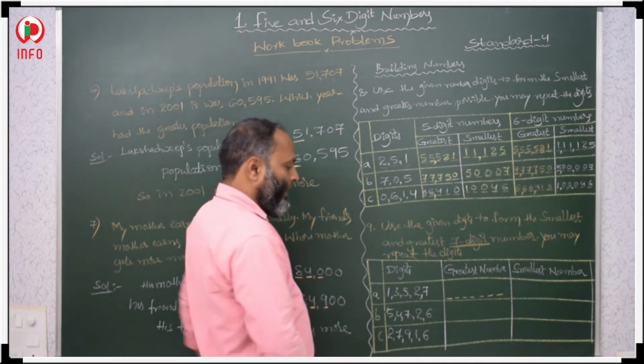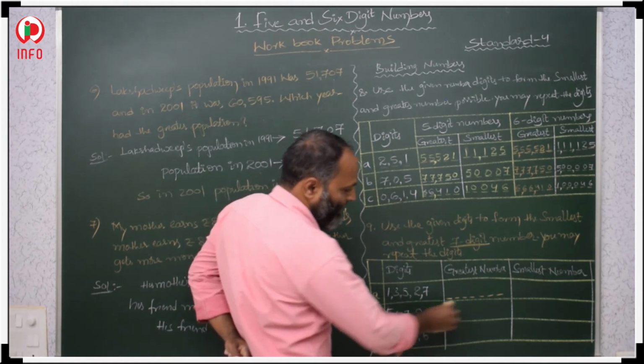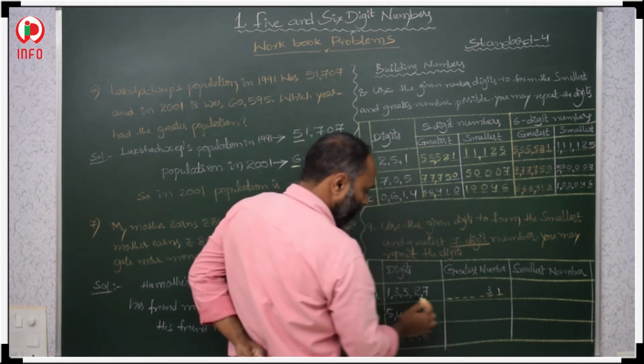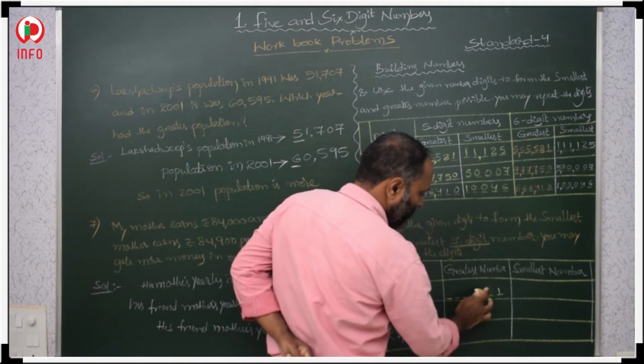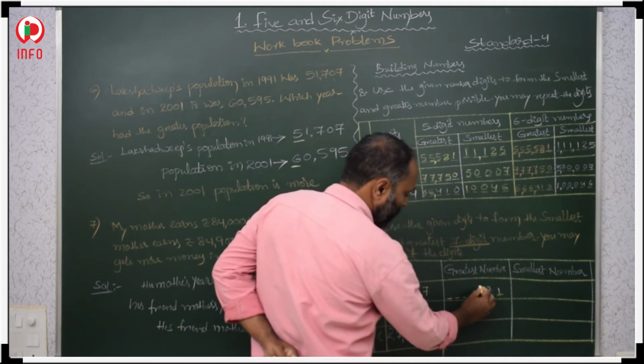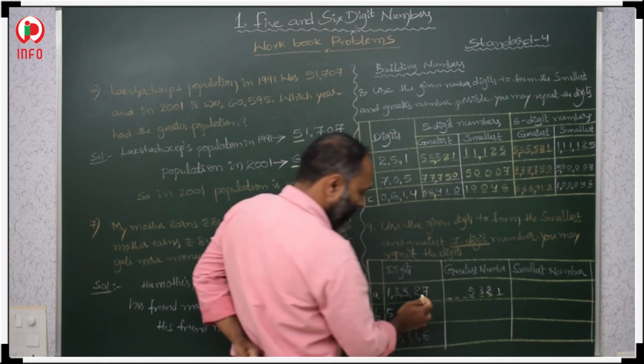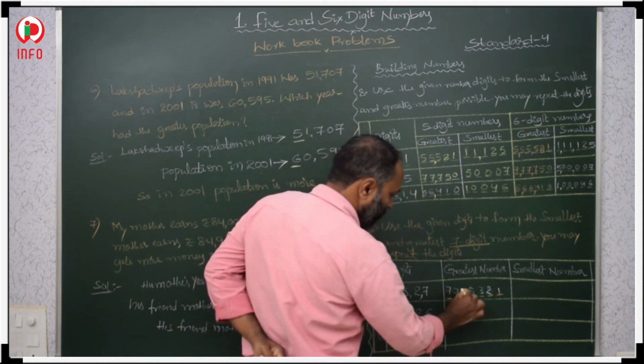Now, see how to prepare using the digits. Greater number means first we have to write smaller numbers here. 1, first 1, 2, after that 2, after that 3, after that 5. Then 7 is left, 7 we have to take 3 times.